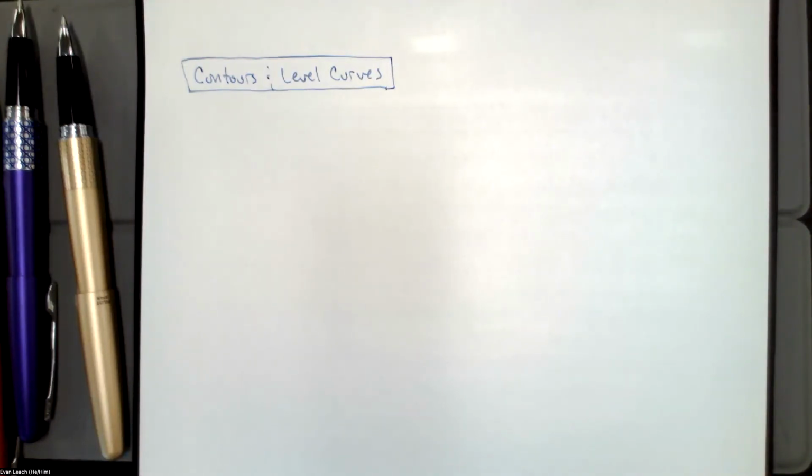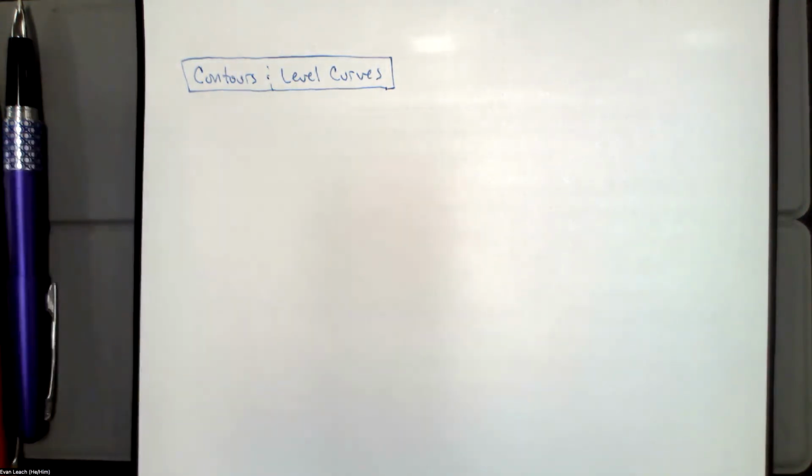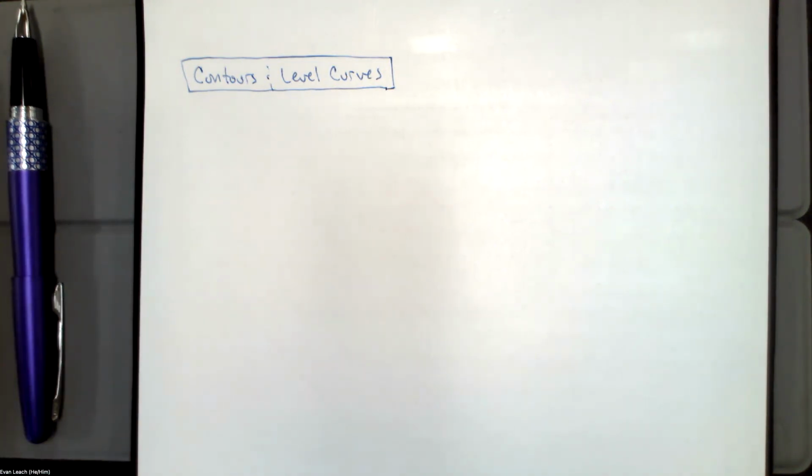So here is our next describe stuff activity. Contours and level curves. This is going to give us some techniques for how we can visualize higher dimensional objects in lower dimensional spaces.